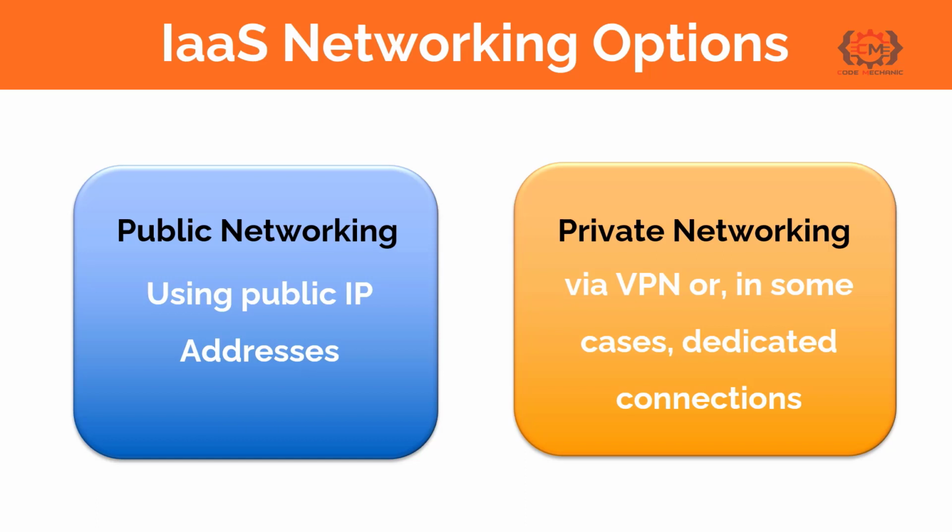In some circumstances, large businesses will have dedicated connections, referring to connections they have paid for through, say, a telecommunication provider, which are private and let them connect directly to their virtual machine running in a public cloud that offers infrastructure as a service. Using private networking, traffic to these virtual computers in the public cloud is either kept entirely off the public internet or is encrypted and secured when traveling across it.